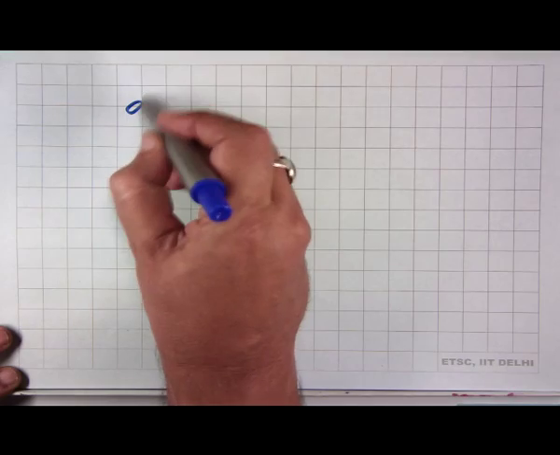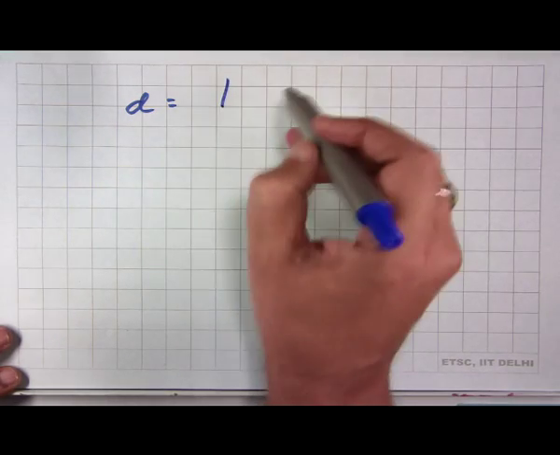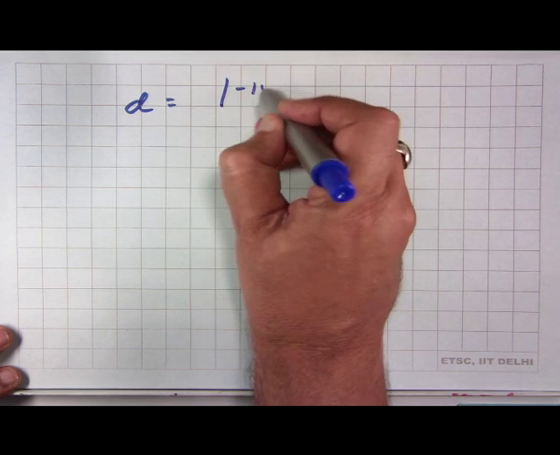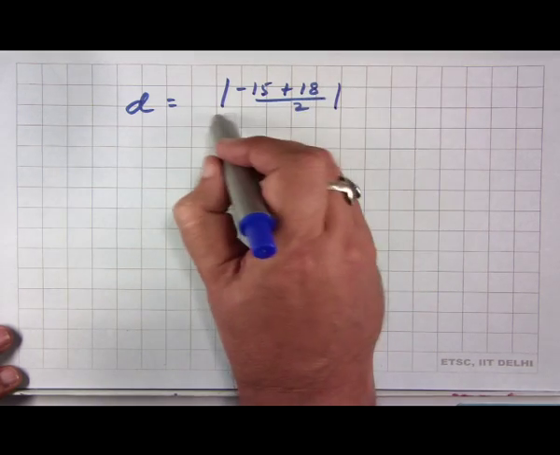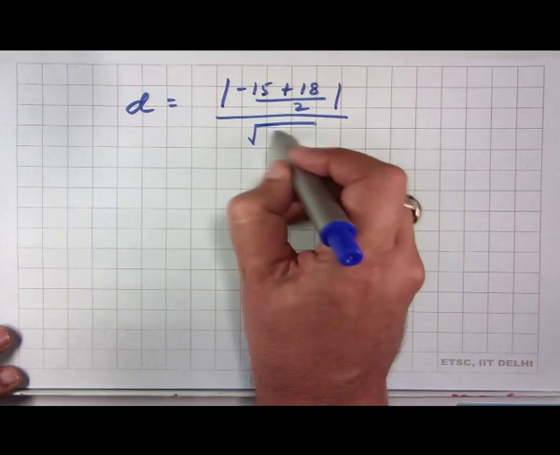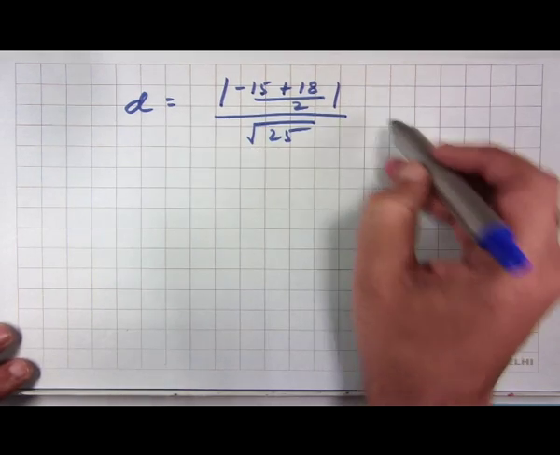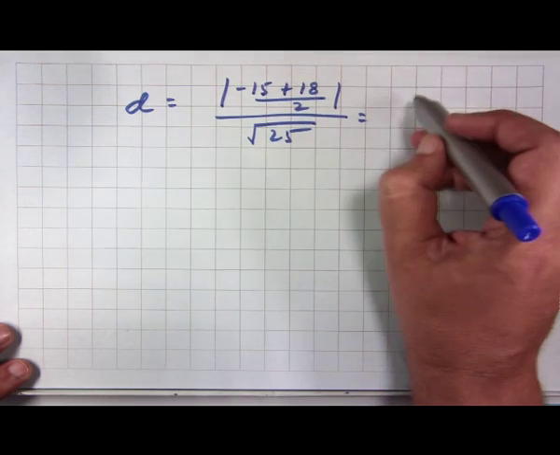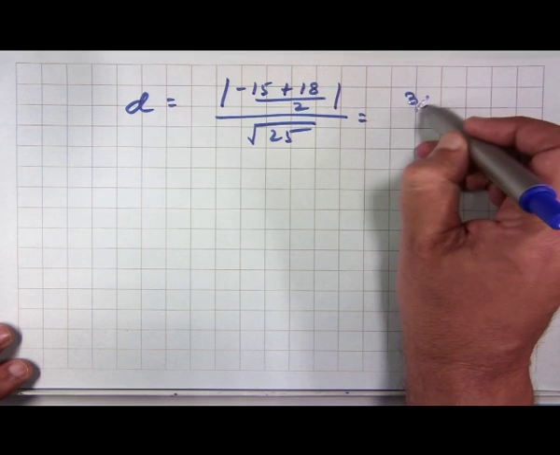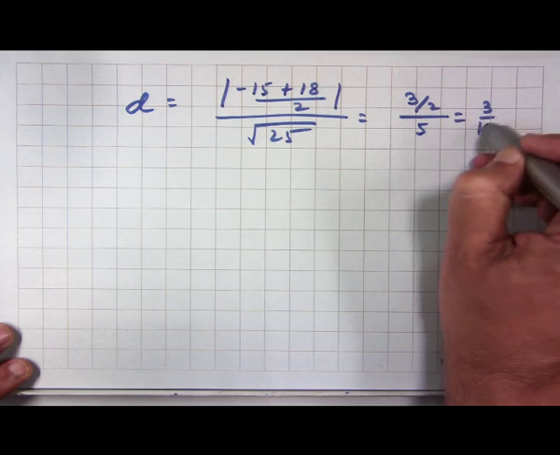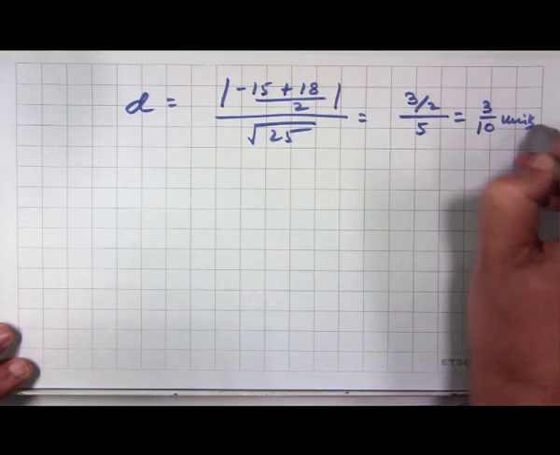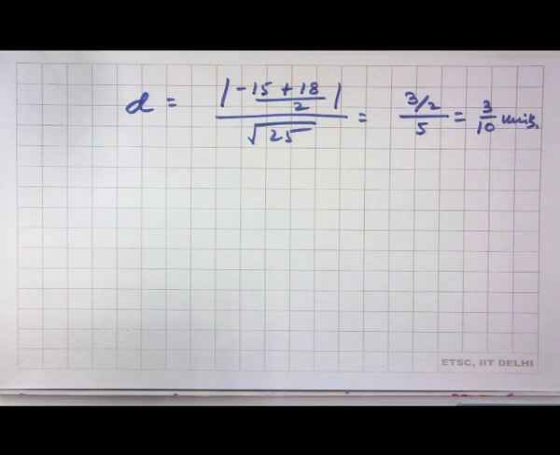So D is equal to mod minus 15 plus 18 by 2, and this is square root of 25. So this is 3 by 2 by 5, which means 3 by 10 units. So this is the distance between the two parallel lines. In this way we can find the distance between any two parallel lines.